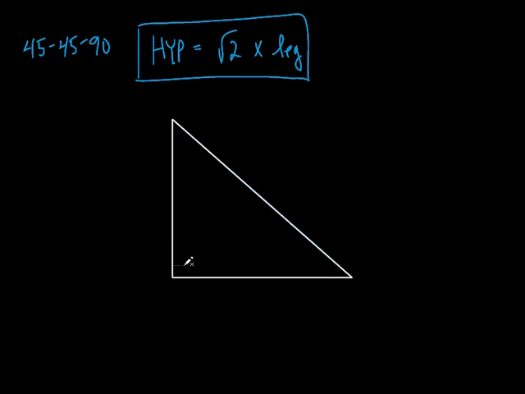Because watch. What if I gave you this and I said, this is 45 and this is 45, and they're degrees. And here's what they're going to do on the homework. We're going to do a couple different ways with this. But let's say they tell you that was 7, and that's all they tell you, and they ask you to solve for h.